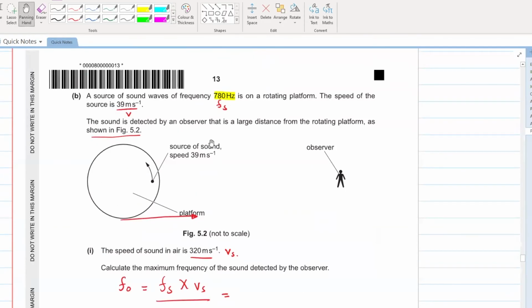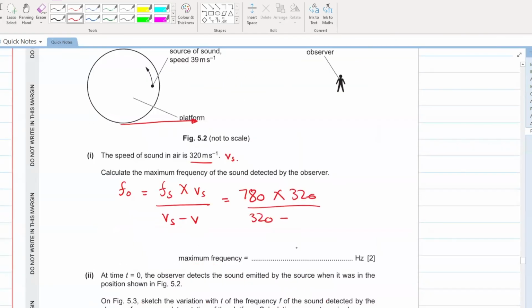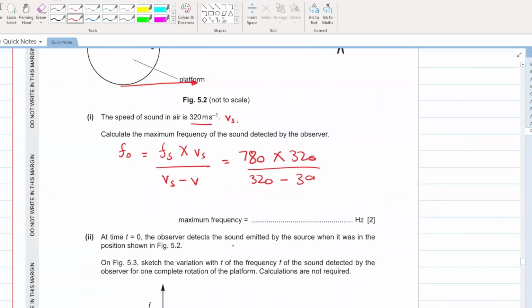What is the frequency of sound? 480 hertz. What is the speed of sound? 320. So 480 into 320 divided by 320 minus 39. What comes out to be your answer? Any geniuses in the chat? The maximum frequency comes out to be what? 390 hertz. Simple as that. The maximum frequency comes out to be 390 hertz.